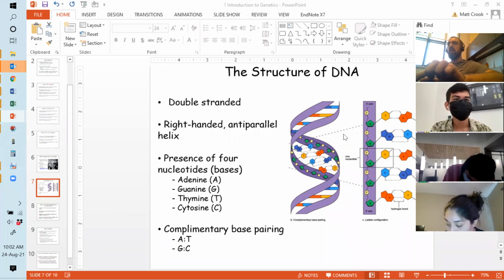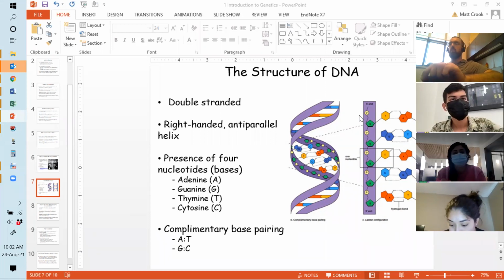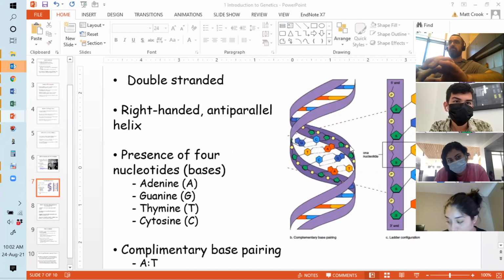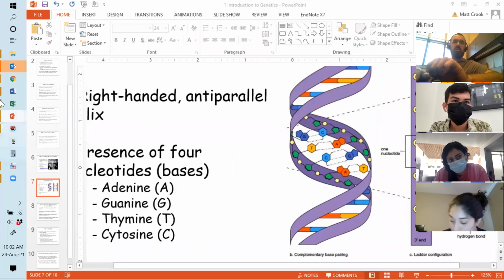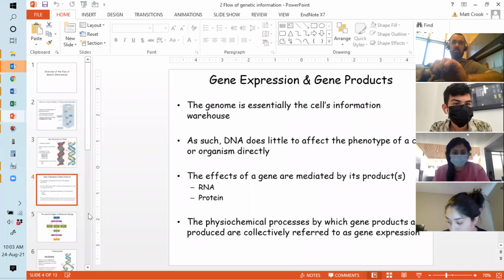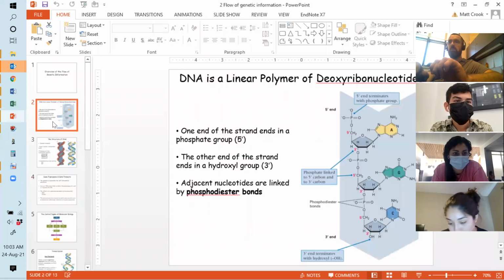Okay. So this refers to which carbon on the sugar the thing is attached to. Right. So actually, do we have a better view of this? We do. Kind of jump ahead a little bit. There we go.